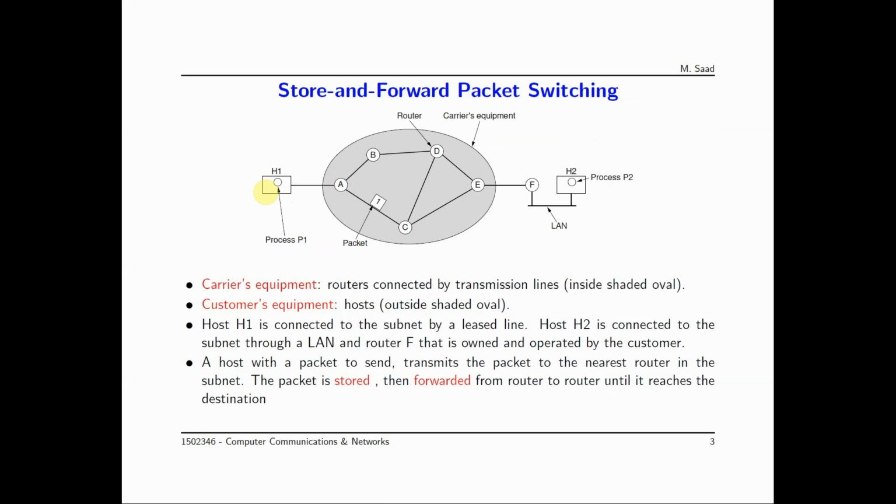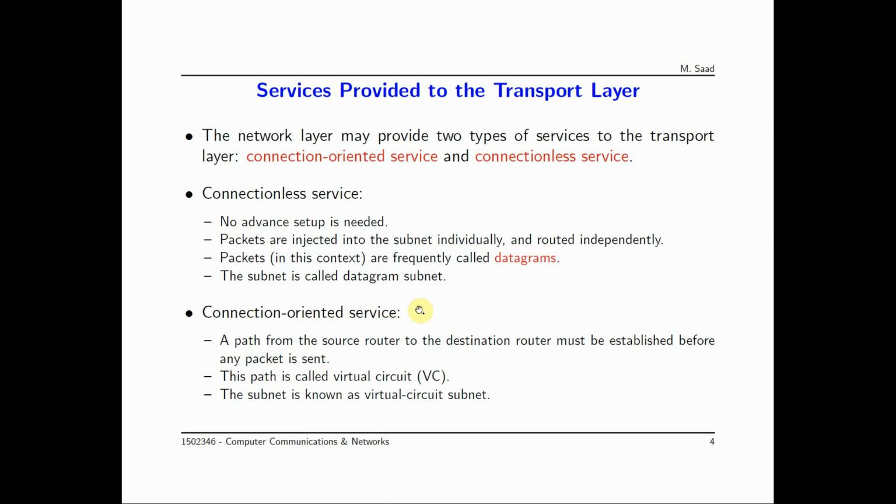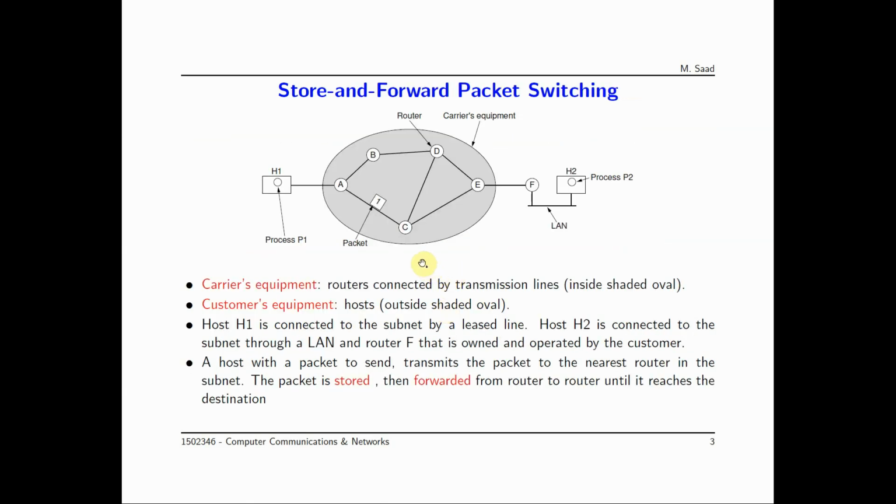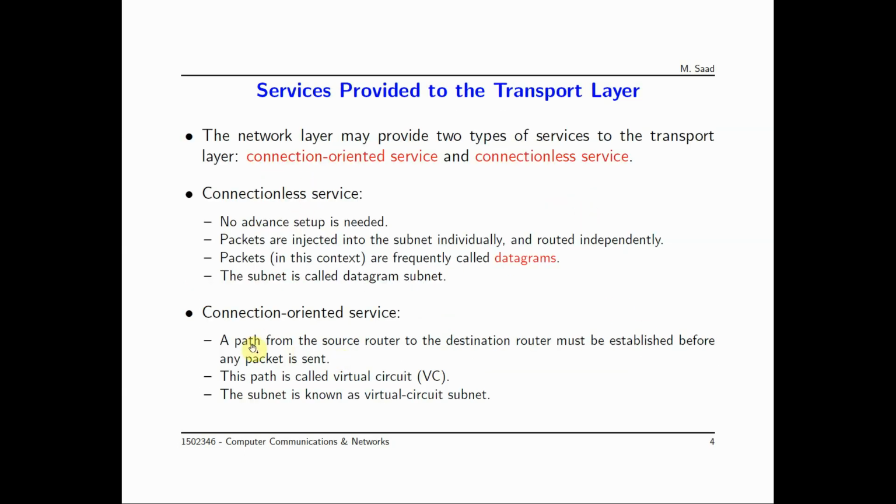Now, how will these packets be delivered in a connection-oriented service? Before sending any one of these packets, an end-to-end path needs to be chosen from source to destination. This path will be dedicated for these packets, so all packets will follow basically the same path. So a path from source to destination needs to be established before any packet is sent.